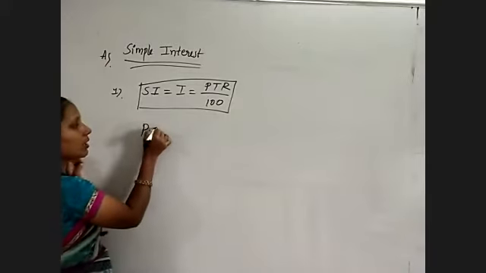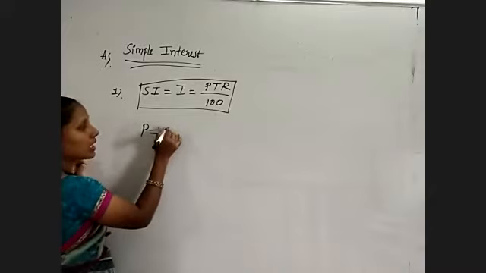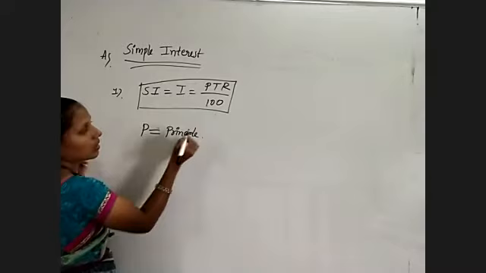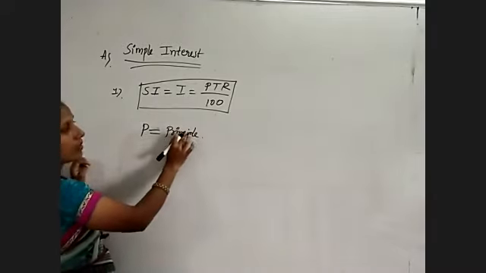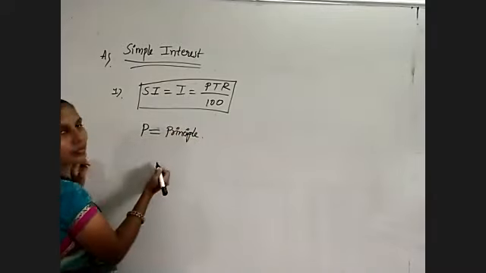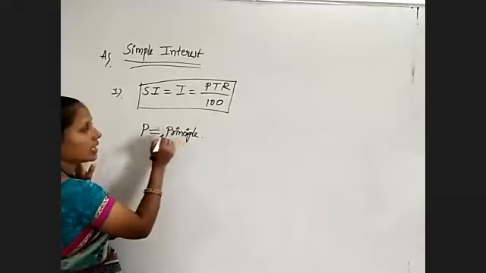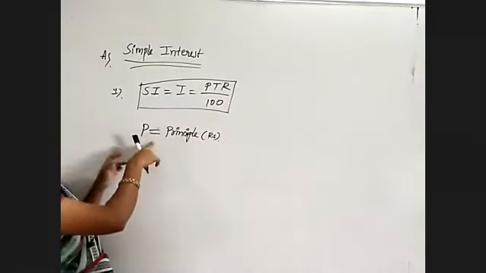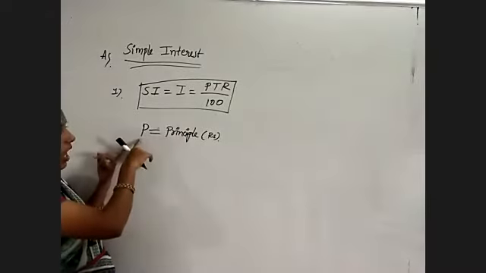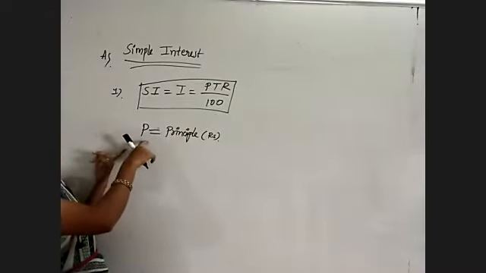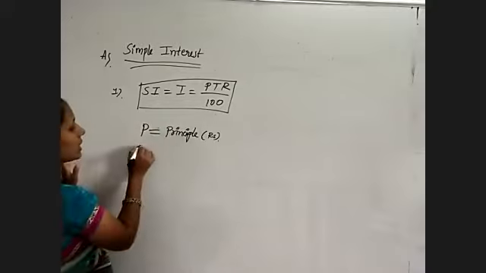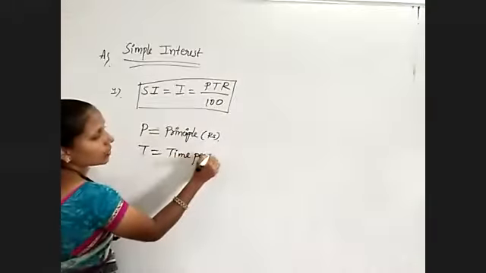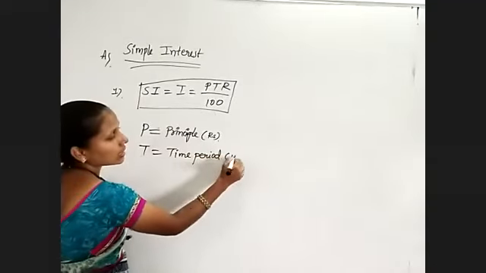Here P will be the principal amount, that is given in rupees. Principal means how much amount you borrowed, the actual amount. And T is the time period. This time period you always have to represent in years only.